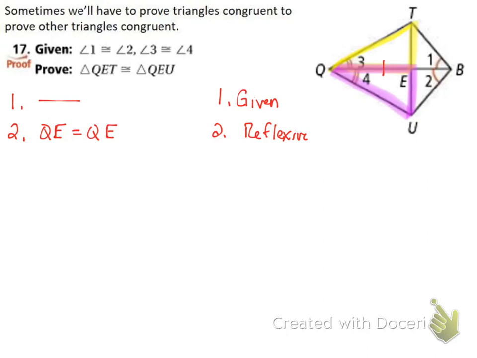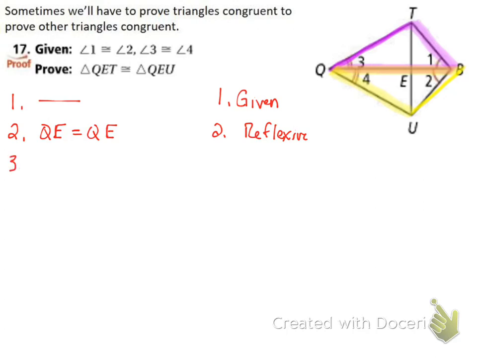So what I can do is, to prove that these triangles are equal, I can look for another pair of triangles that would be equal to each other, and then use the corresponding parts, CPCTC, to help me prove that the other triangles are equal. So if I look at these big triangles, QBT and QBU, I've got two angles, and then I've got an overlap in that side QB.